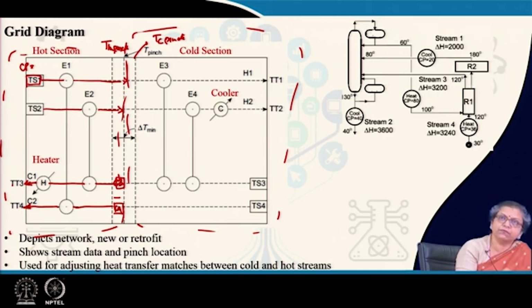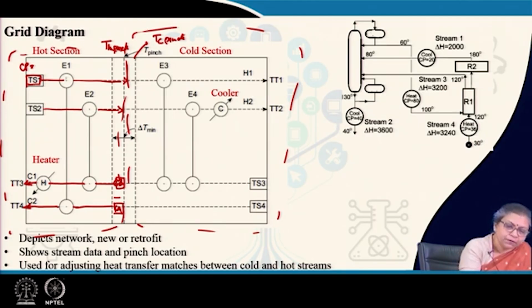We are always doing everything for pure counter current heat exchangers. So, we will be showing a counter current arrangement. The hot streams will be moving from the left end to the right end, the cold streams will be moving from the right end to the left end, and the hot streams will be shown first, the cold streams later. Once the streams are located, with the CPs, the start temperatures, and the end temperatures given, we already know which streams we will be matching.